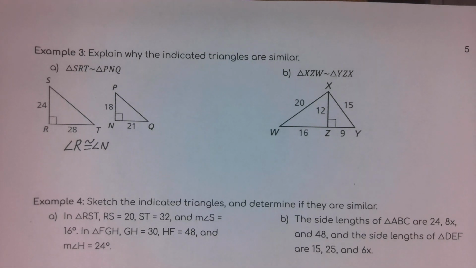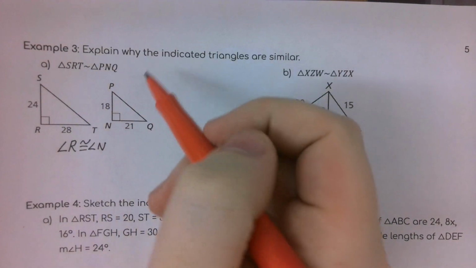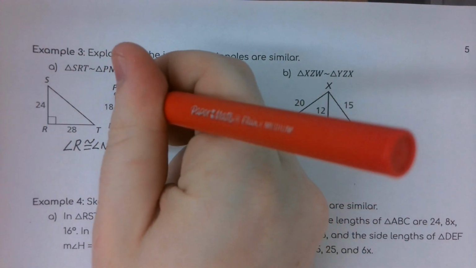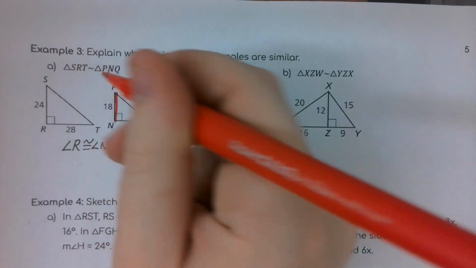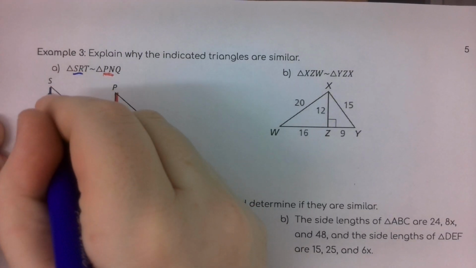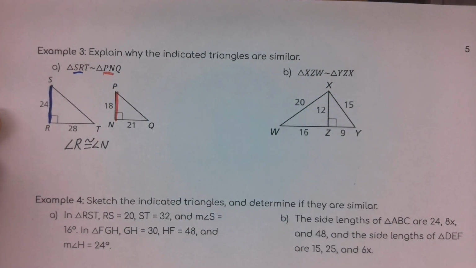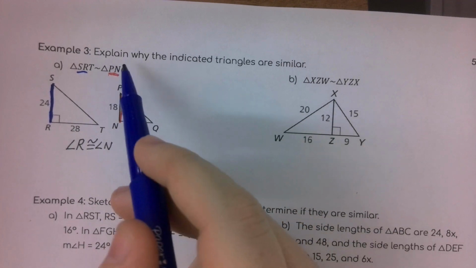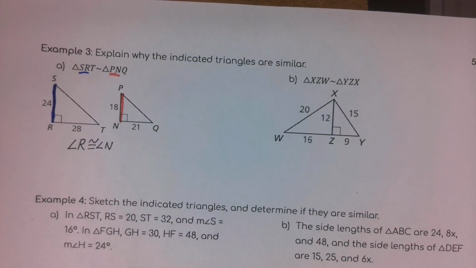Be very careful and make sure you pay attention to the statements up above to see what's similar to what. PN is similar to SR in this case, which we could tell by looking at them. But sometimes I could have PN be similar to RT, even though they don't look particularly similar.